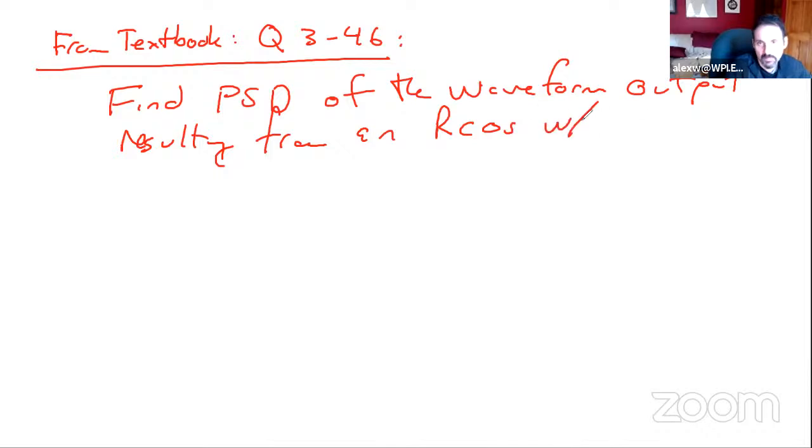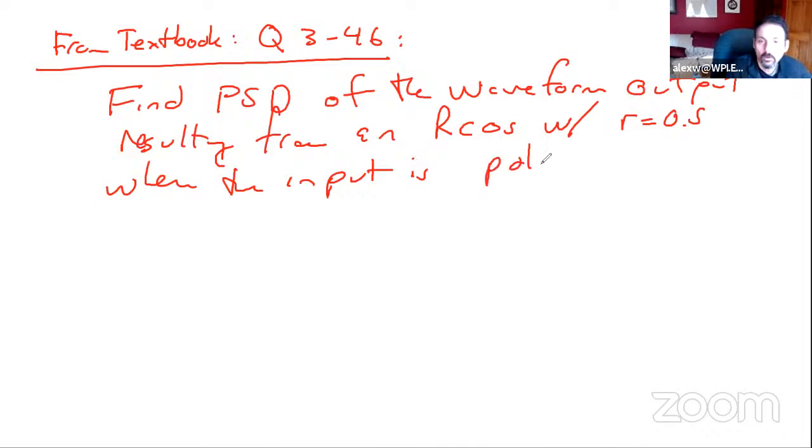With, again, that means with. If I put W/O, it means without, with a roll-off factor of 0.5, correct? Yep. When the input is what? Polar non-return to zero waveform or signal.